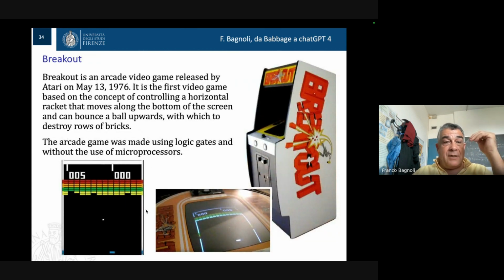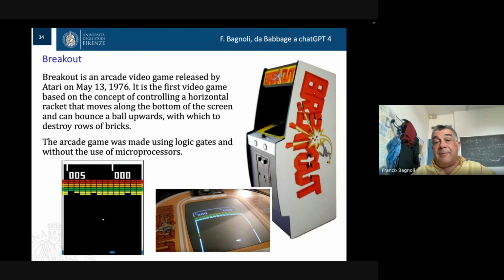And so this was the beginning of arcade games, which started to have very different shapes. Again, for instance, this is the famous Breakout game. Again, it was a black and white game using plastic colored strips to appear as if it were in color. And the interesting point is that at the beginning, these games were not using a microprocessor or even programming.